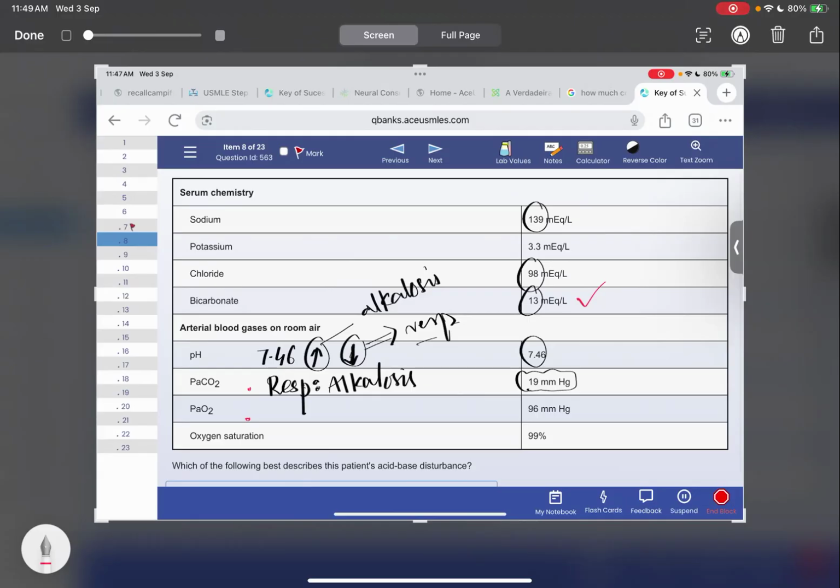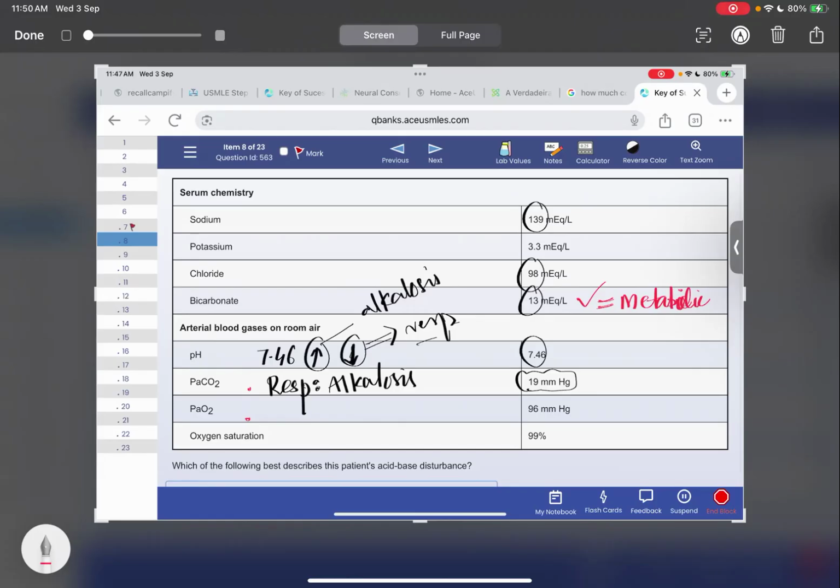It is a very, very important concept. Maybe timing, because it takes time for the metabolic compensation? But how would you know from the stem? We use the formula to calculate the compensation. From the bicarb, which is 13, what is it?